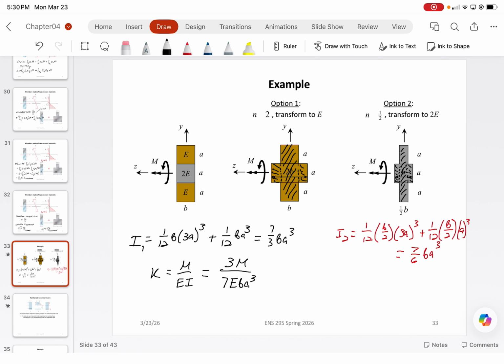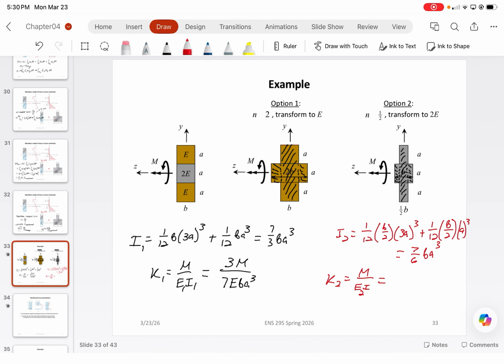Now for option 2, I'll call K2 and then this K1. If we plug in everything using this equation M over EI again, this is going to be E1, E2, I1, and then I2.